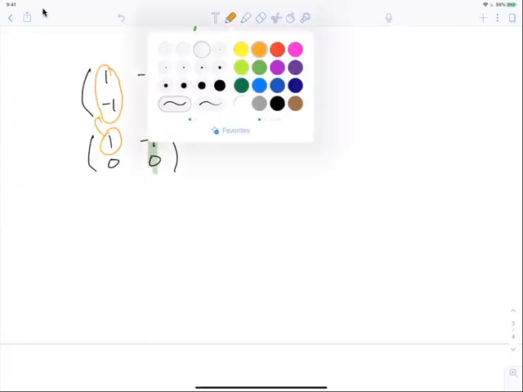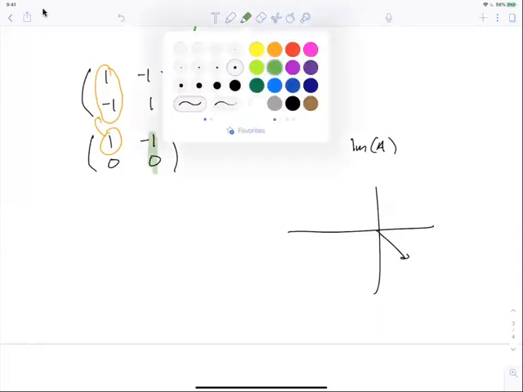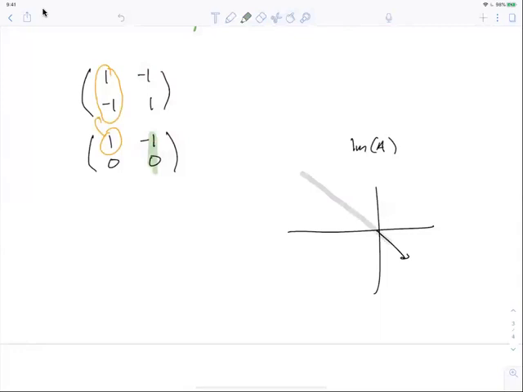So the image of this matrix is going to look like just the line generated by 1, minus 1. It's going to be generated by this line right here. That's what the image looks like.